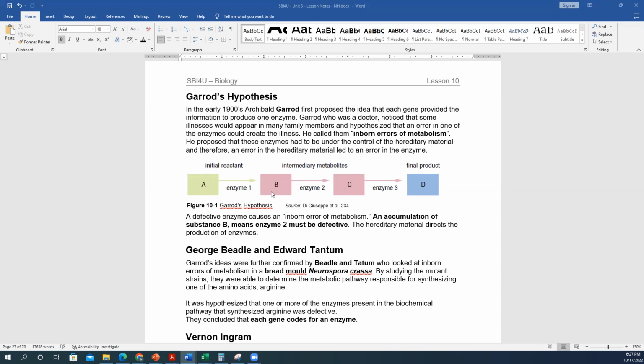So if you have a buildup of B, that means enzyme 2 must be defective. So he hypothesized that the hereditary material directs the production of these enzymes. He linked that idea and produced that idea.